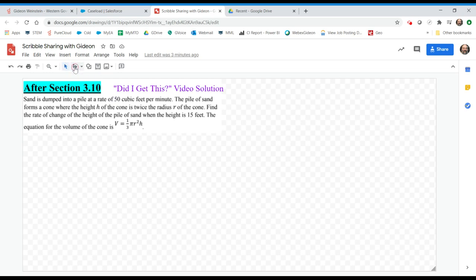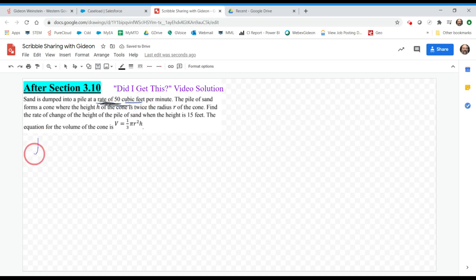So I think it's pretty important for us to immediately go rate, right? We've got a rate here. So that's a d something dt, a derivative with respect to time, and it's cubic feet, and that's volume.